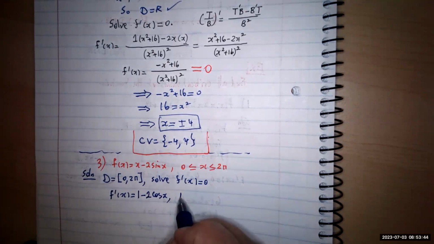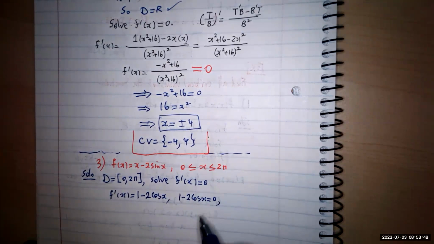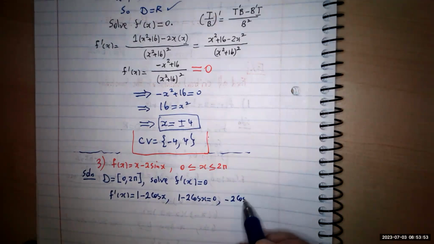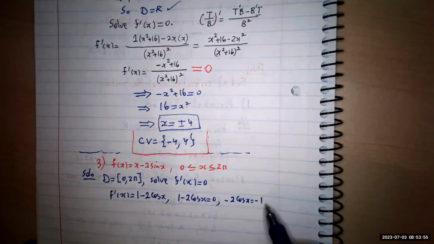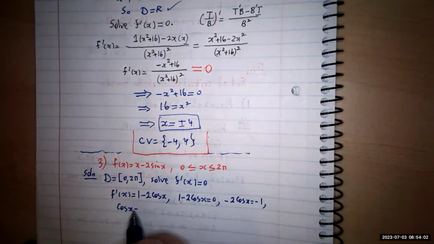Let it equal 0. 1 minus 2 cosine x equals 0. And you solve for the cosine, you know that. You move the negative, you need the 1 on the other side. And you arrive at the fact that cosine x is equal to 1/2.